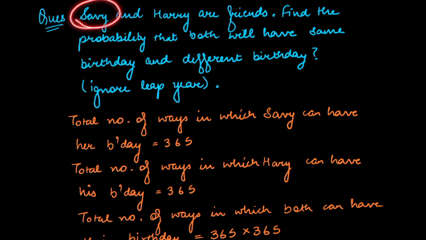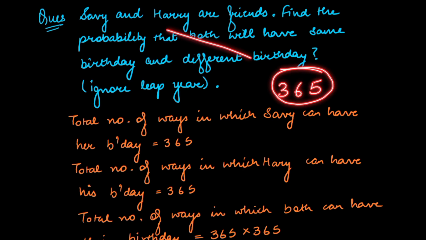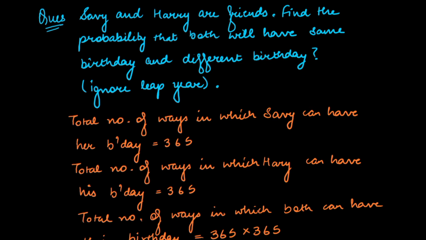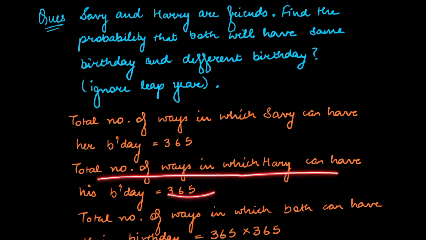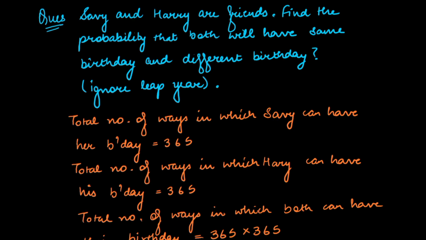Now, Savvy can have her birthday in any one of these 365 days, and Harry can also have his birthday on any one of the 365 days. So, the total number of ways in which Savvy can have her birthday is 365, which is same as the total number of ways in which Harry can have his birthday, 365.